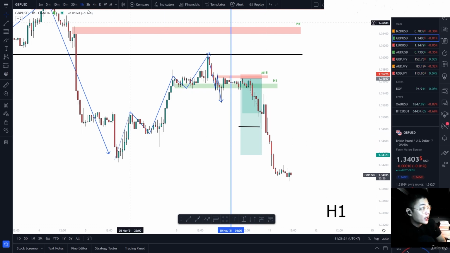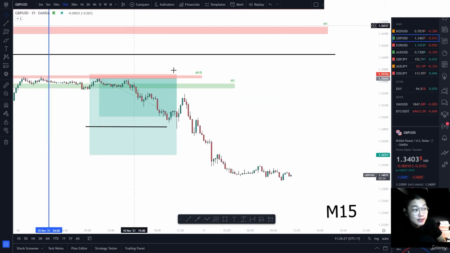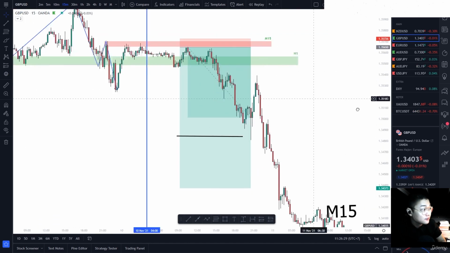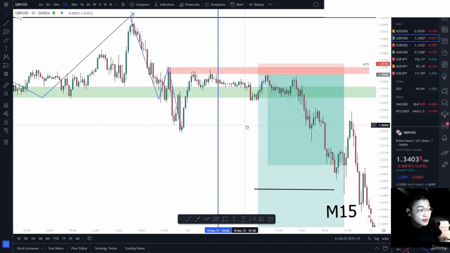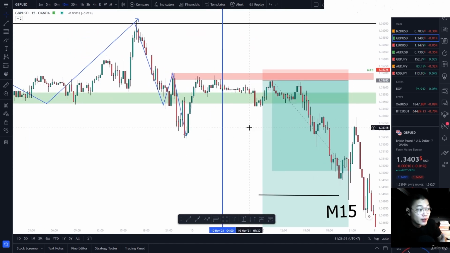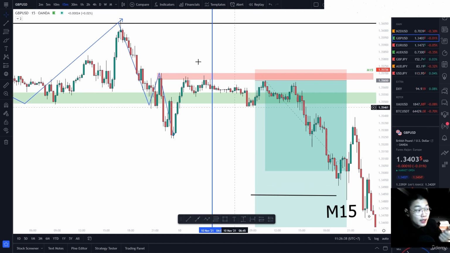So let's see what happened in the market from that time. You can see that I go back into the 50 minutes time frame, and here is the time of my analysis, shown as a vertical blue line. At this time, price had already pulled back one time and a second time, and my order opened at this time.